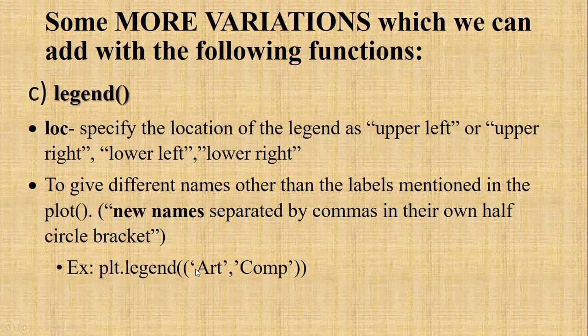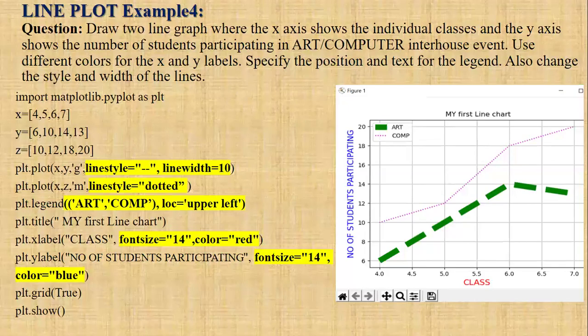Otherwise, you have seen that the bracket for my plt.legend was black. Now here I've tried to include the majority of them, which I want to cover in these 40 minutes. You can see here, line style dashes. So my line style has become dashes. Width, I've given 10. The thickness of the line has increased. Okay. Dotted lines will look like this.